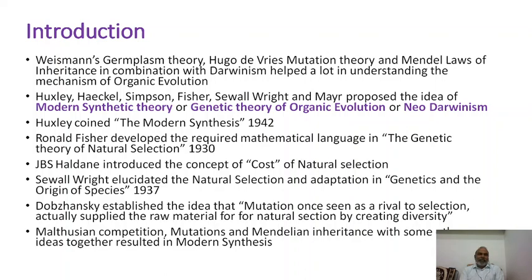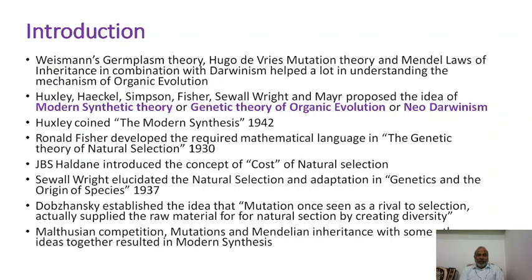Ronald Fisher developed the required mathematical language in his book The Genetic Theory of Natural Selection, showing how to understand the process of evolution in mathematical expressions in the form of allelic frequencies. So Ronald Fisher did very good work in understanding evolution in terms of mathematics.